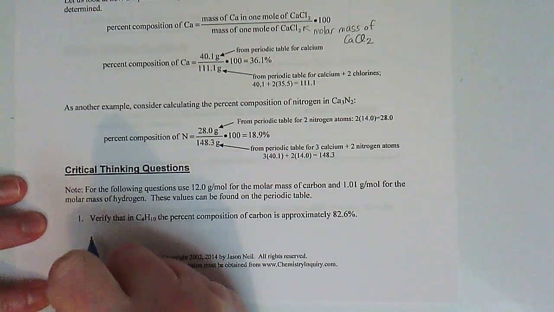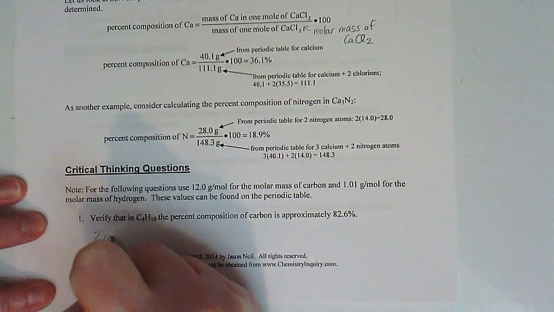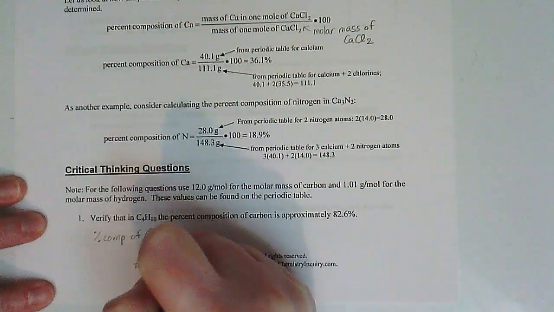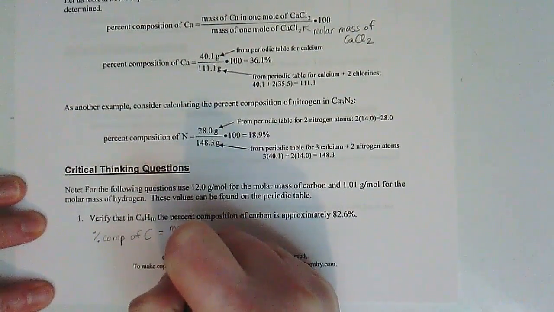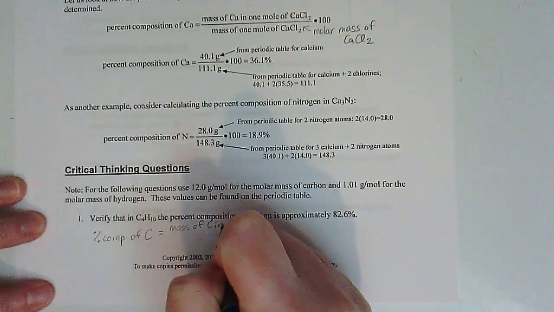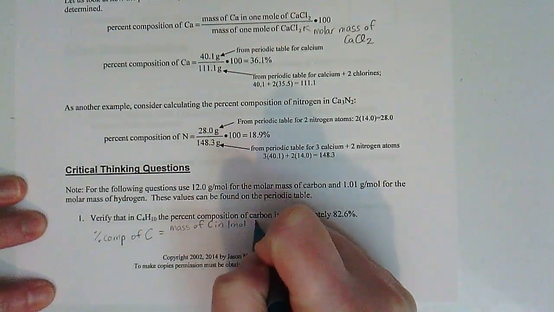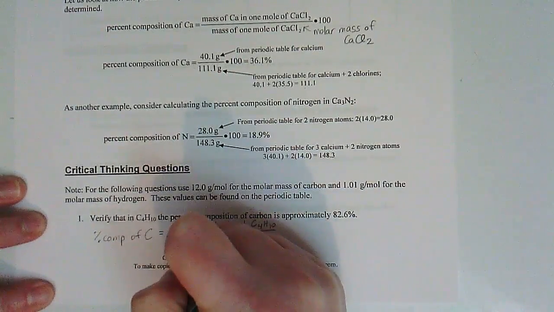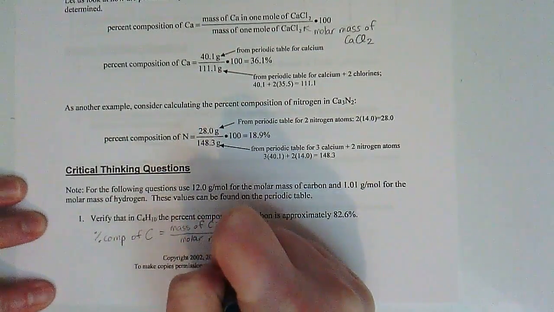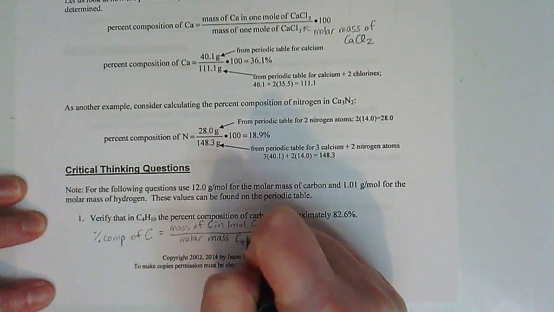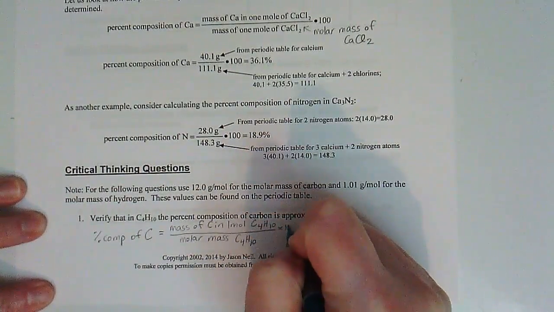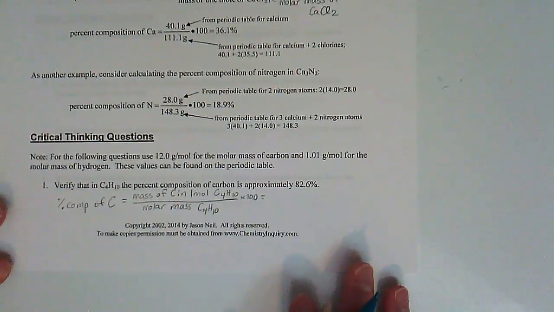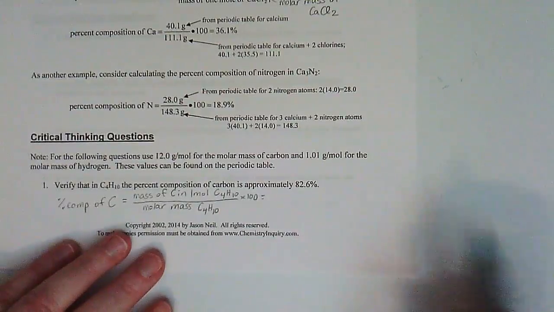So if we want to do the percent composition of carbon, it's the mass of carbon in 1 mole of C4H10 divided by the molar mass of C4H10 times 100. So that's our equation that I want to see. Next we're going to show plugging in our numbers.